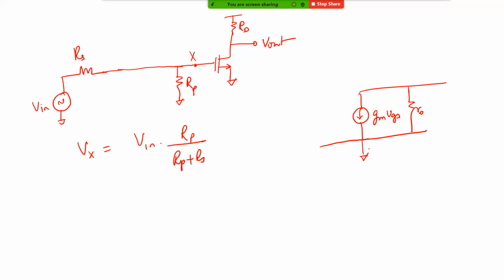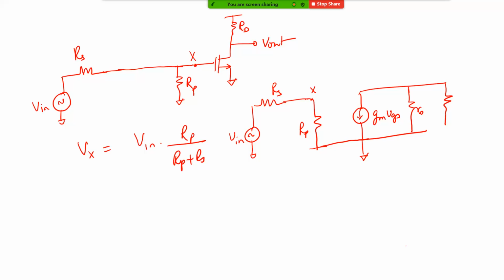So let's say this is grounded, and then you have Vx here, which is nothing but V in times Rp divided by Rp plus Rs. If you want, I can draw it as this. And then we have Rd connected from this point to VDD.